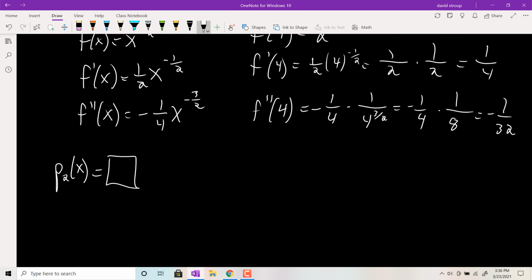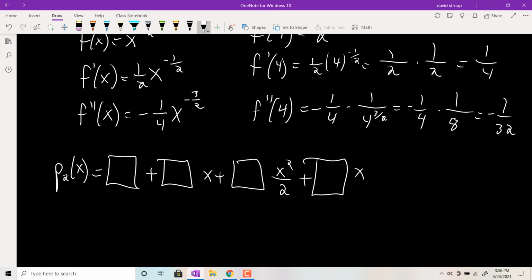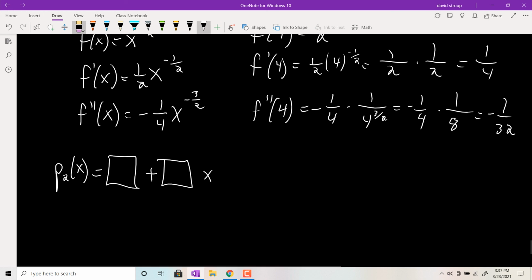This will be blank plus blank x plus blank x squared over 2 plus blank x. Well, that's as far as, and I got to be careful, right, because this is the shifted version. This is a Taylor. So I can't just write x. I have to write x minus the center.